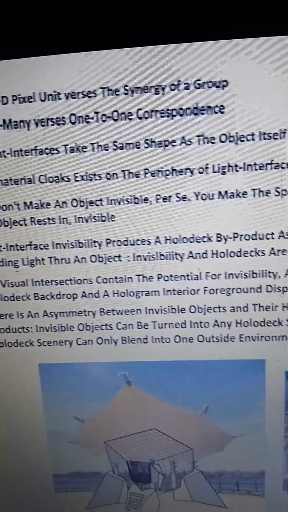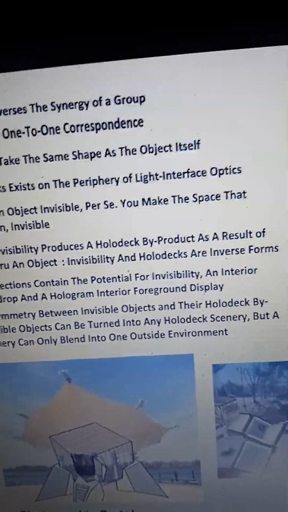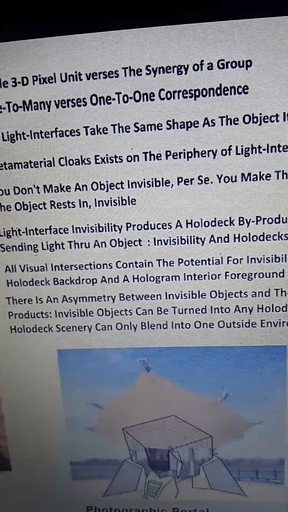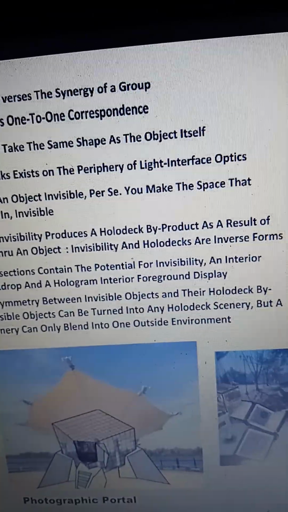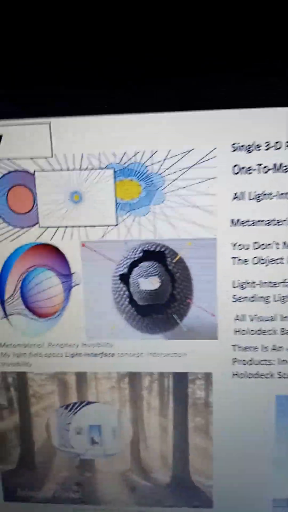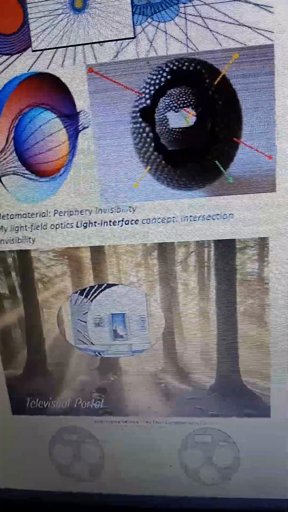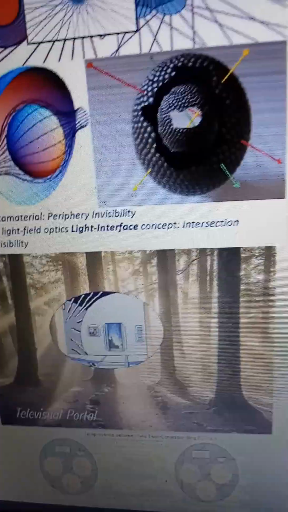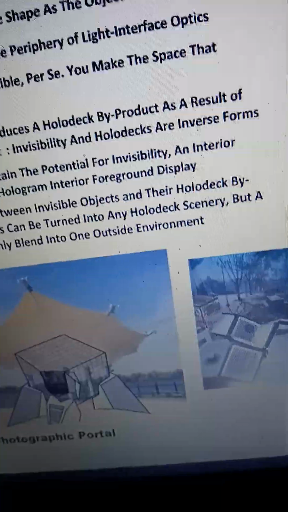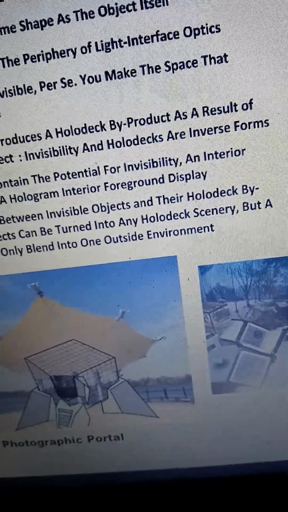Light interface invisibility produces a holodeck byproduct as a result of sending light through an object. Invisibility and holodecks are inverse forms. If you turn an invisible object inside out, you'd have a holodeck inside.